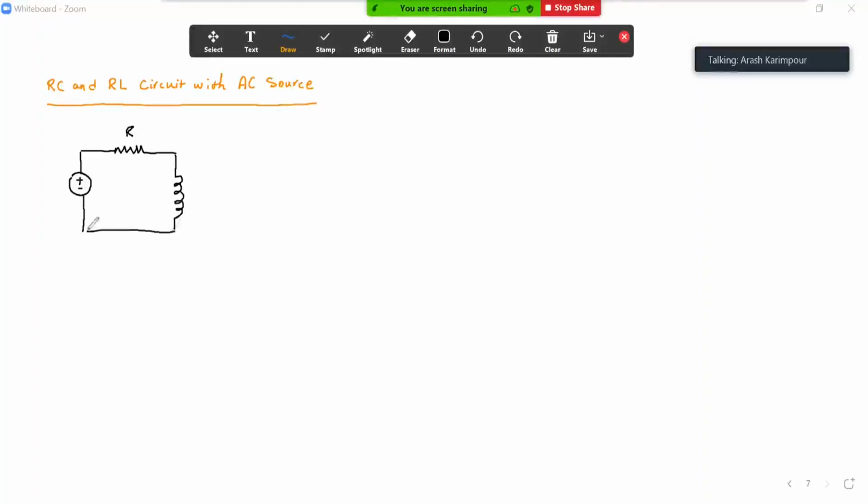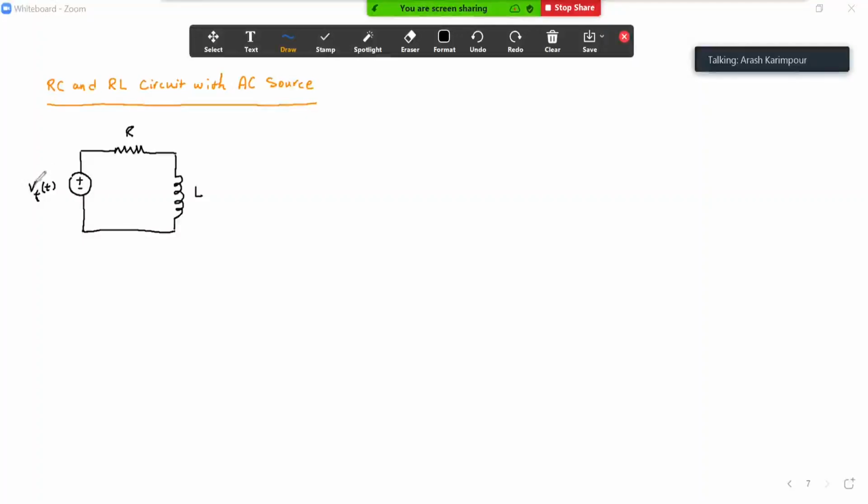So I have an RL circuit, but this time the source is a function of time. What we have is not constant, it's going to be a function of time. Want to see what happened in this case.